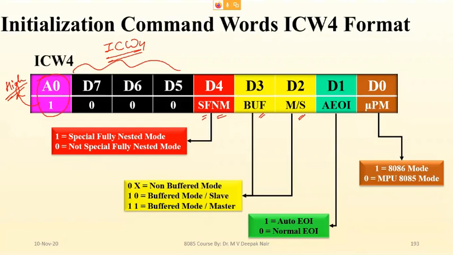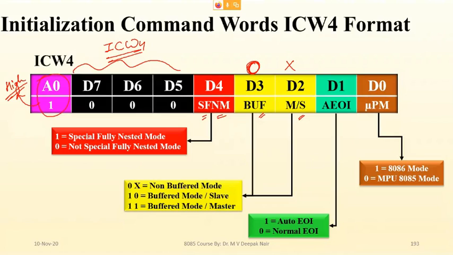We can identify either from the SP line or from this particular bit also. And buffer. So these two, when used together, 0x. That means if this particular bit is 0, then it does not matter what is this bit. So in that case non-buffered mode will be used.